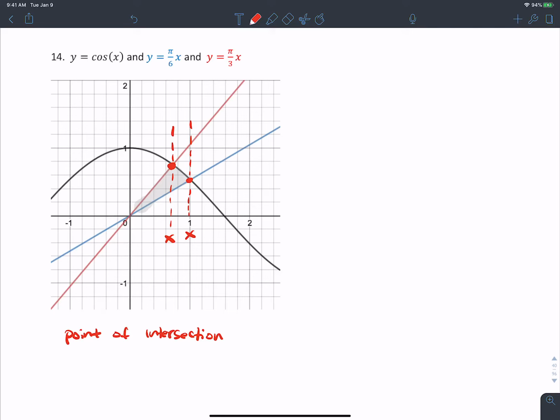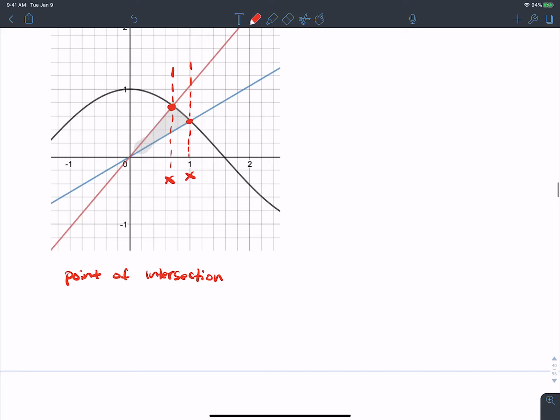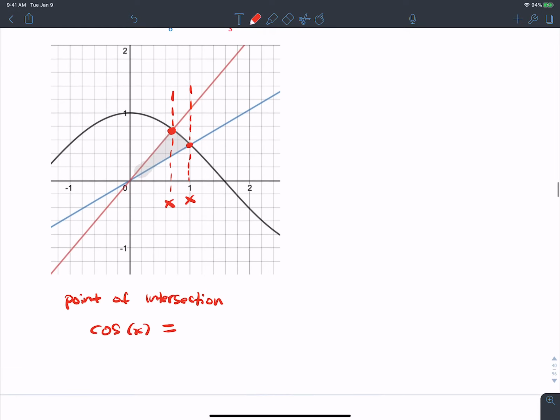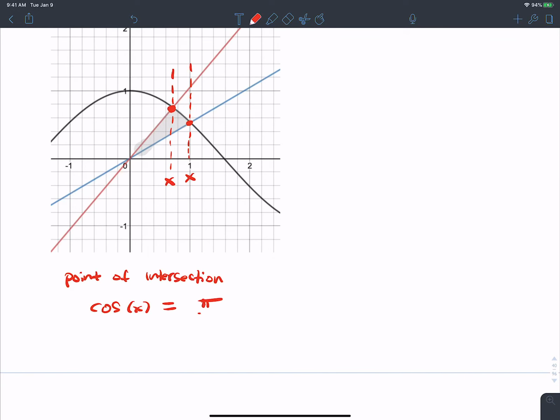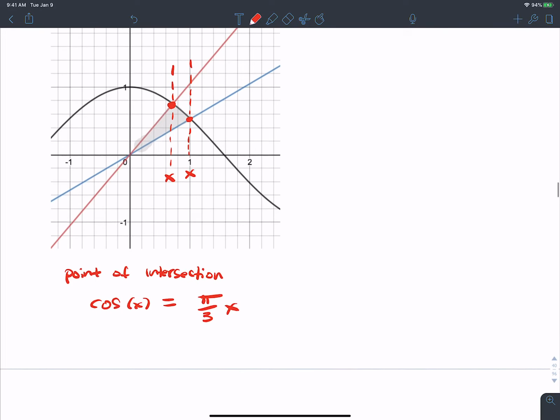So the first one in black here, right, isn't that going to be what curve? Cosine x is going to equal, and then what's the red curve? Pi over 3x. We have to find that value. What is x?